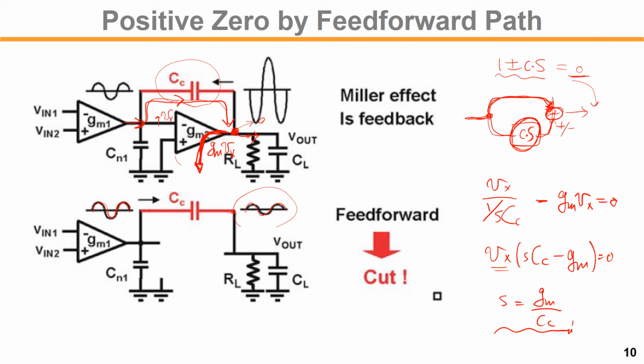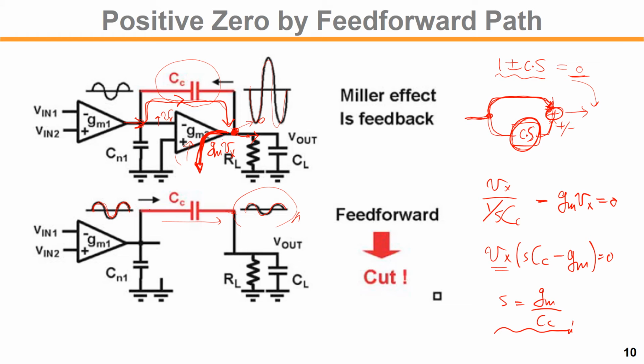But if the amplifier Gm2 is working, then it has an inverting output. The output is an inverted version of the input, so we have an amplified version of the voltage at the output, but with the phase inverted. But the feed forward path just feeds forward. It's the same phase happening.